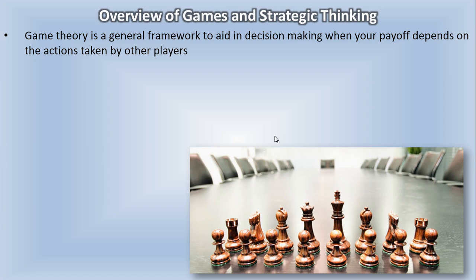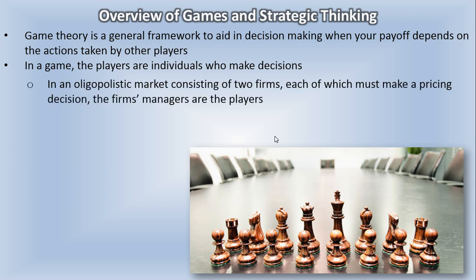Anyway, game theory is a general framework to aid in decision making when your payoff depends on the actions taken by other players. In a game, the players are the individuals who make decisions. So in oligopolistic markets consisting of two firms, so in duopolies, which is the case we'll consider throughout the chapter, each of these firms has to make pricing decisions, let's say. Then the firm managers are the players in the game.